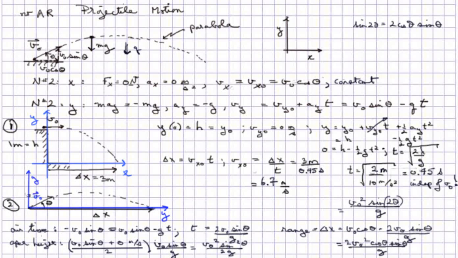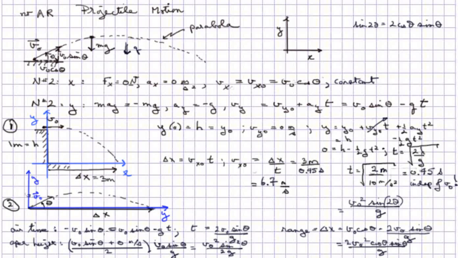For air time, I can use the velocity formula, which I believe is at the top of your kinematics formulas. When the mass returns back to the ground, just before it hits the ground, it's going to have the negative of its initial upward y velocity.